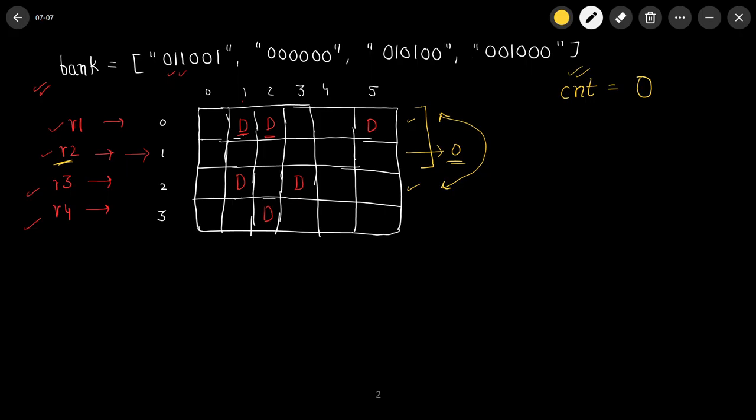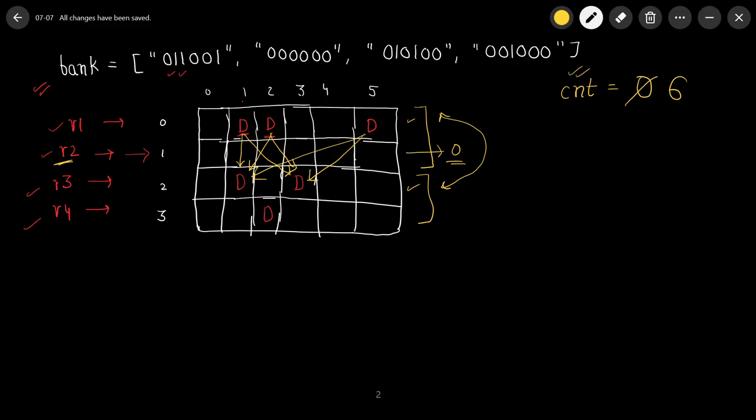So in this case, beams definitely would exist between them. We are sure about that. The beam can go from this D to these two D, similarly from this D to these two D, and this D to these two D, resulting in six beams. So we update the count to six. Then we consider the R3 and R4 pair.